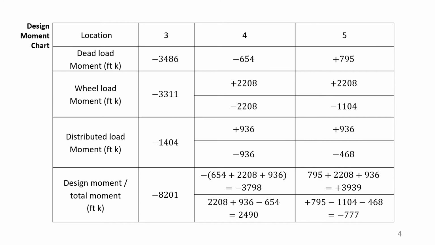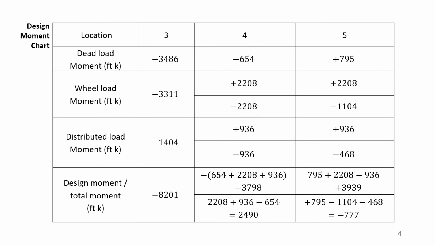And the distributed load at point 3 is 1404 minus, and at 4 is 936 plus and 936 minus, and also at 5 it is 936 plus, but at 4 it is 468 minus.